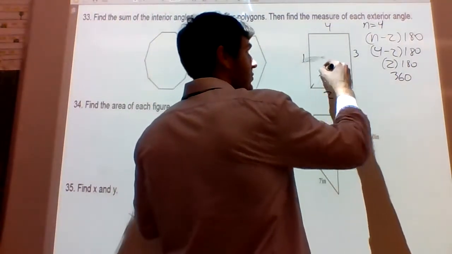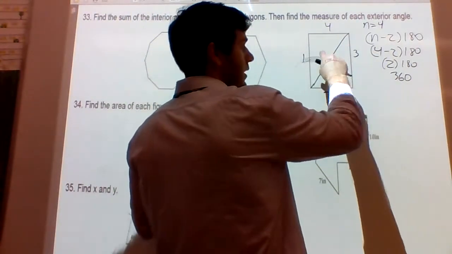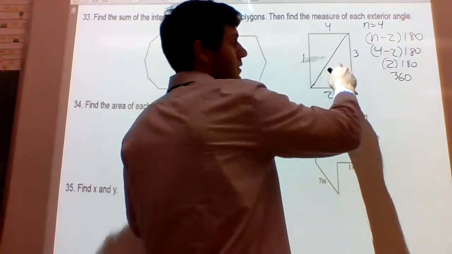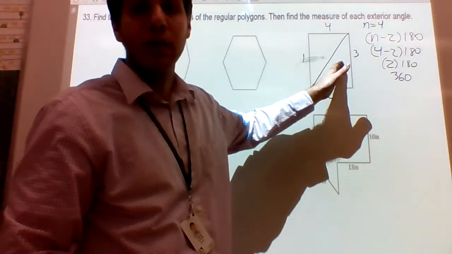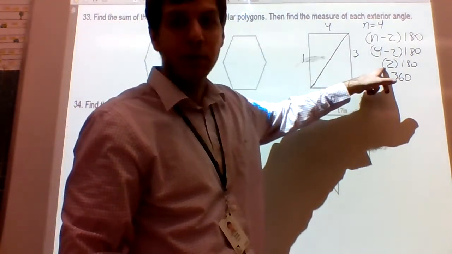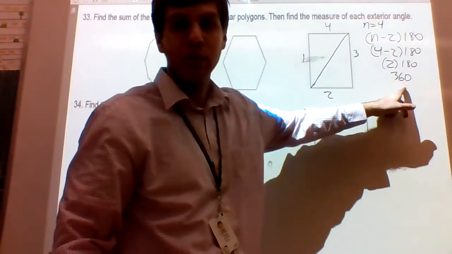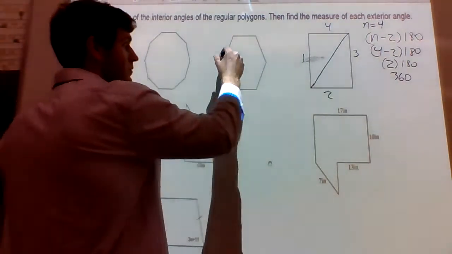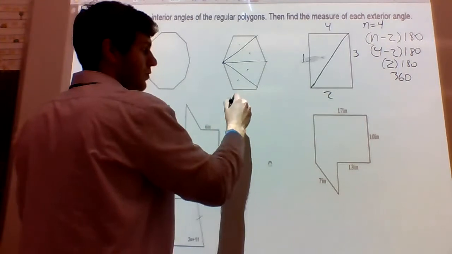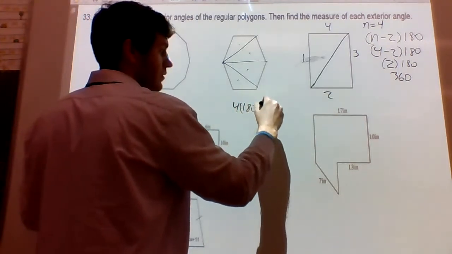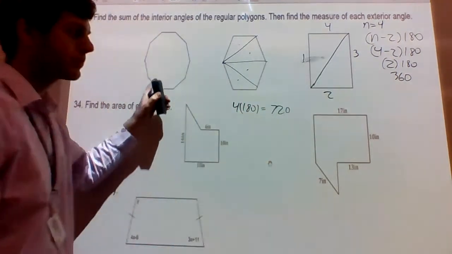And again, to reiterate, because I don't think we've done it in this one, this n minus 2 represents the number of triangles we can make. So we can make 2 triangles. Each triangle adds up to 180, so 2 triangles times 180 gives us 360. The hexagon, we could make 4 triangles, so 4 times 180 gave us 720.